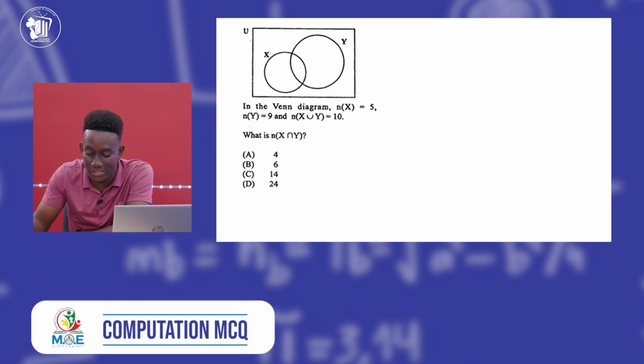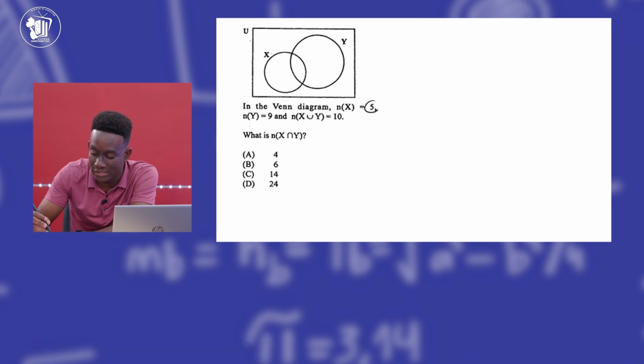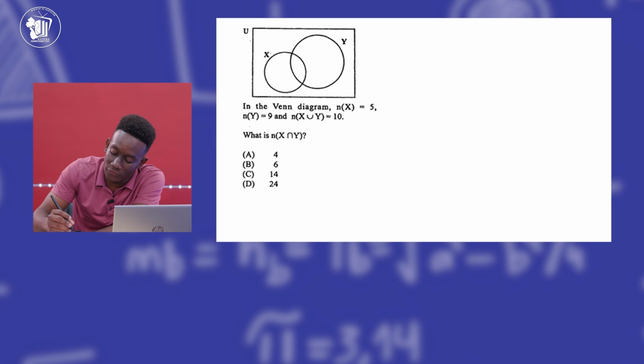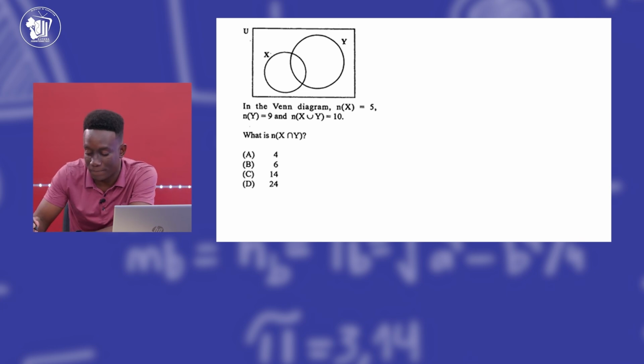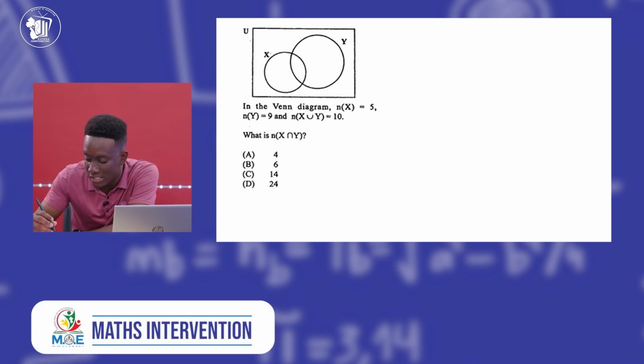The next question says, in the Venn diagram, the number of elements in set X is 5, the number of elements in set Y is 9, and the number of elements in X union Y is 10. They want the number of elements in X intersect Y. So we use a simple formula to find the intersection.